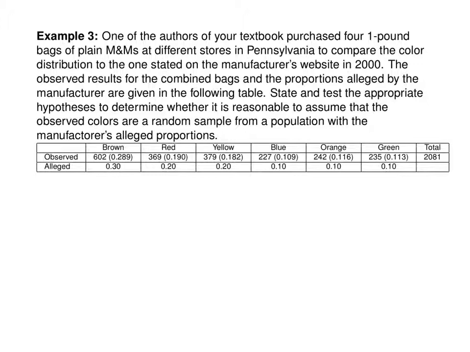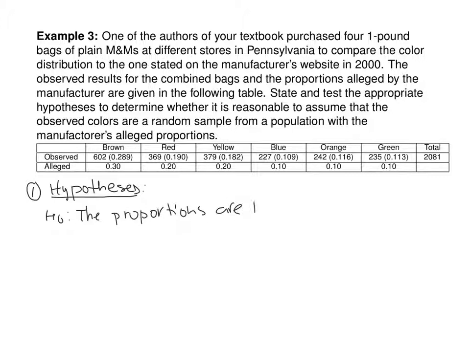So the steps aren't labeled, but our first step is to state the null hypothesis. So state the hypotheses. In this case, H naught is that the proportions are the same as the manufacturer's claim.